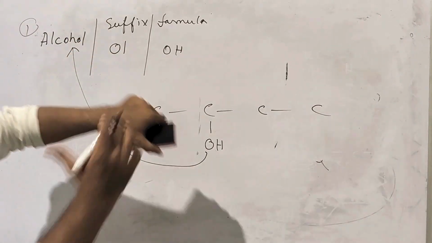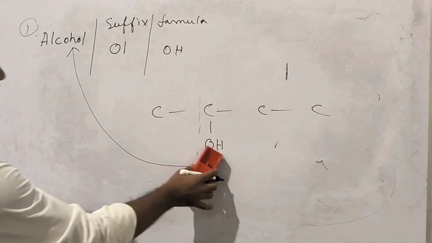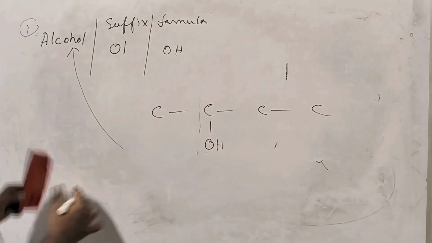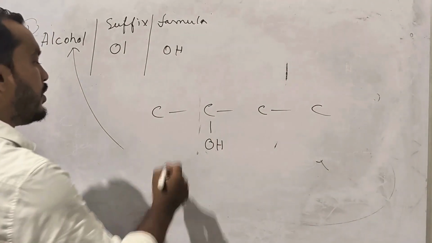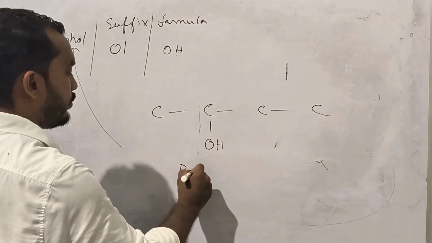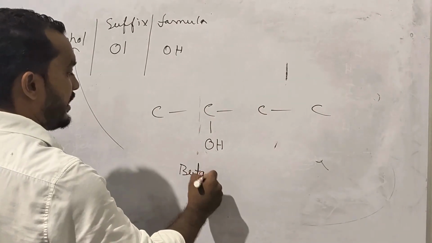Suffix means after the carbon chain it will be attached. If you name this carbon chain, it will be in this way: 1 2 3 4, for 4 carbon we call it but, and since this is an alkane with single bonds, it is ane.